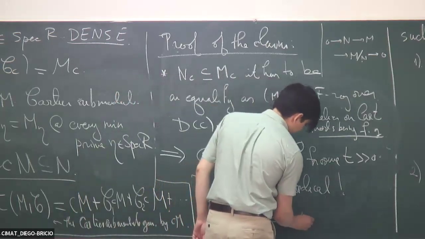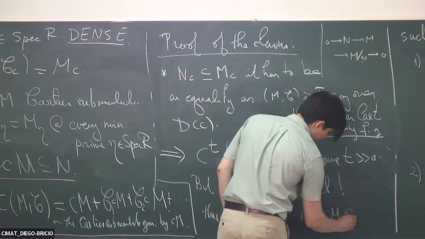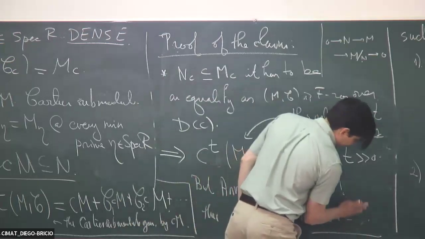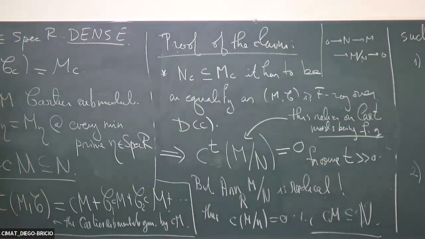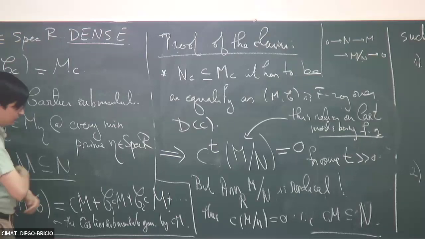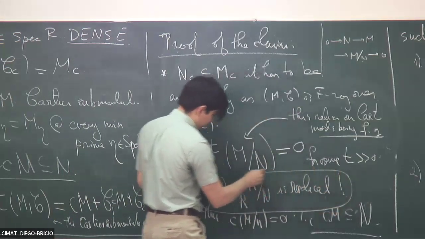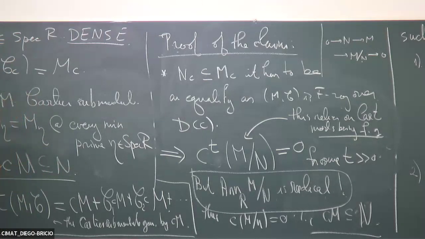And well, this is just another way to say that Cm is contained in N. Just basic algebra, you know? But you see, this is the exercise I was telling you that we rely on. But at this point, we have used it many times already, so I guess it's not surprising.